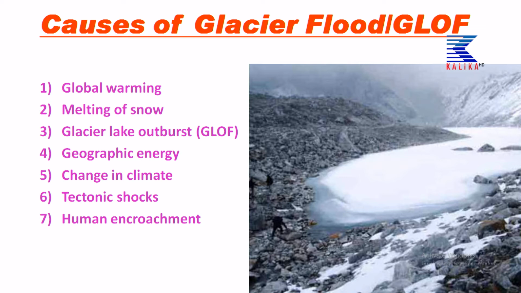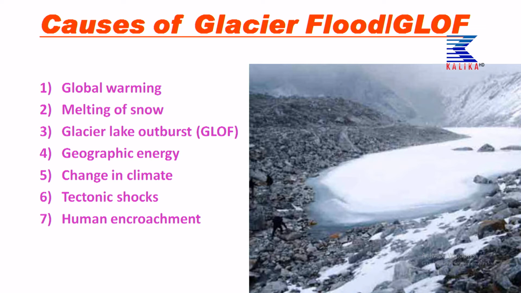Causes of glacier floods: global warming. The temperature of the earth is increasing day by day because of greenhouse gases. And the snow from the Himalaya is melting, and the water accumulates, the glacier rushes down and accumulates in the glacial lakes.